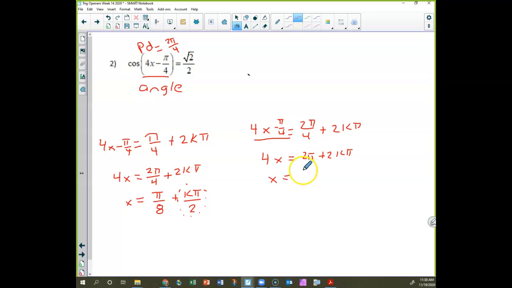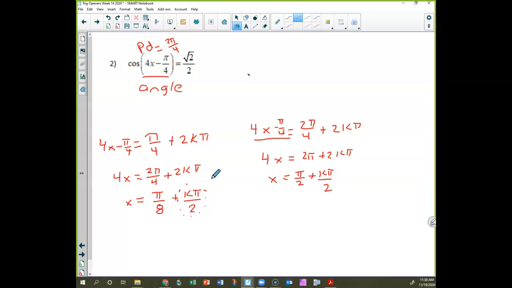Divide everything by 4. We get pi over 2 plus k pi over 4. No, k pi over 2, excuse me. Our period. Now let me stop there. We haven't listed our solutions, but are we comfortable to that point?